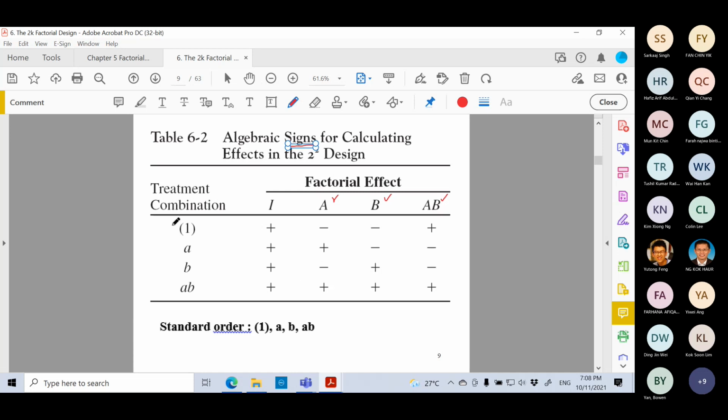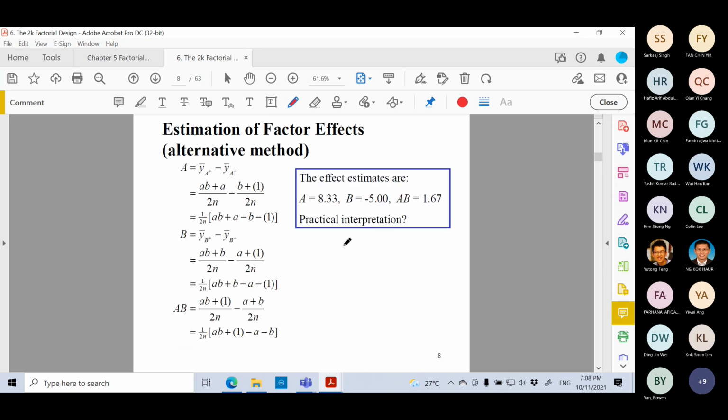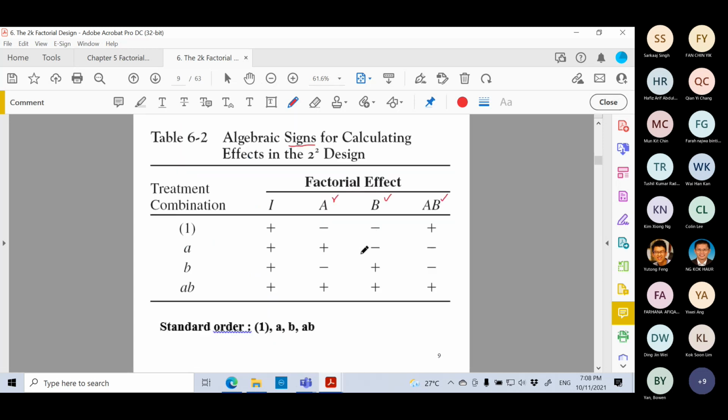What you observe from this part is useful for calculating what you saw just now. They are very useful. You can see the plus and minus signs, so all these A, B and AB are related to this table.